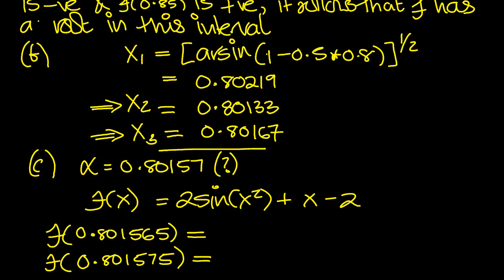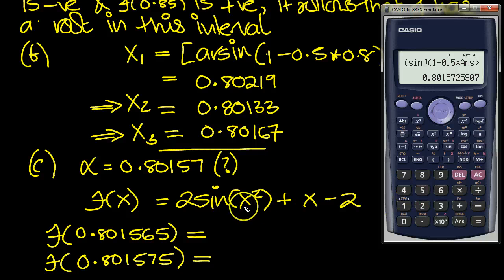So let's work that out then. We've got 2 times sine of the value squared, 0.80155. Close that bracket for the sine, so that's sine of x squared. Plus x minus 2, plus the value 0.80155.